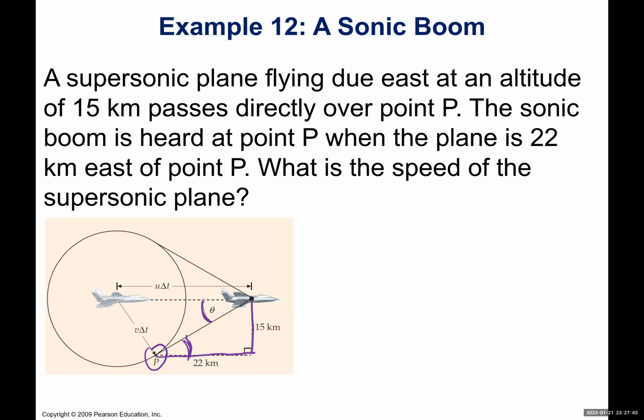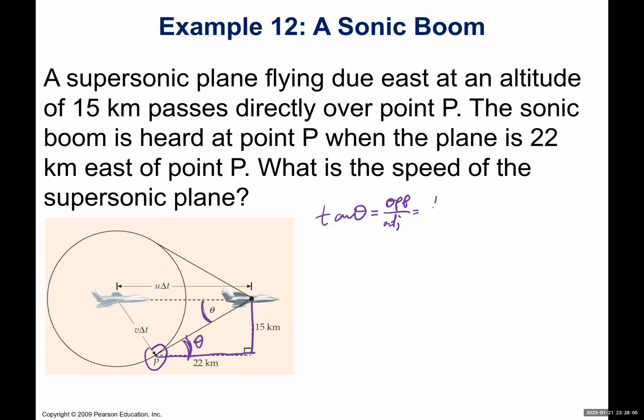Since we're given the 22 kilometers, which is the adjacent side of that triangle, and 15 kilometers, which is the opposite, to find this particular theta we can use tangent of theta. Tangent of theta equals opposite over adjacent.